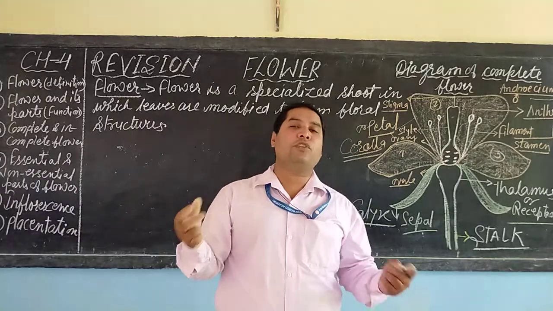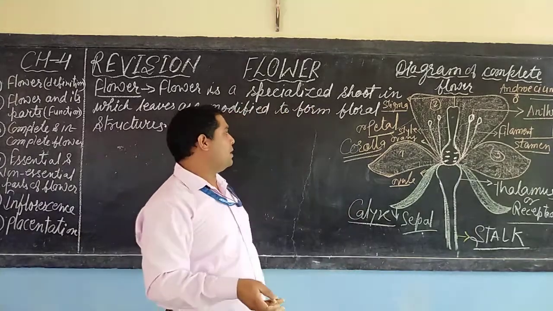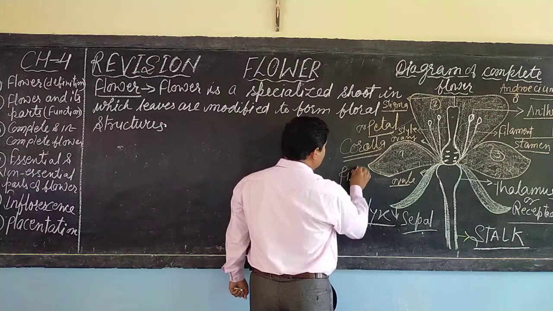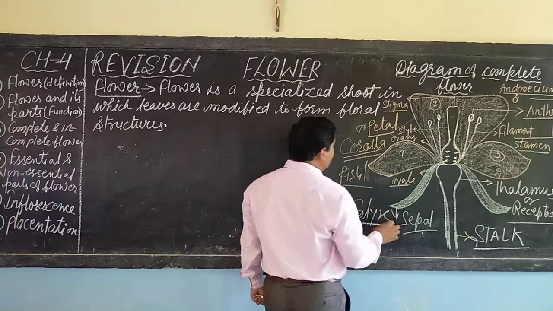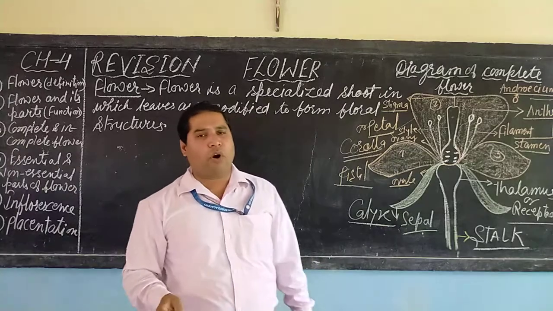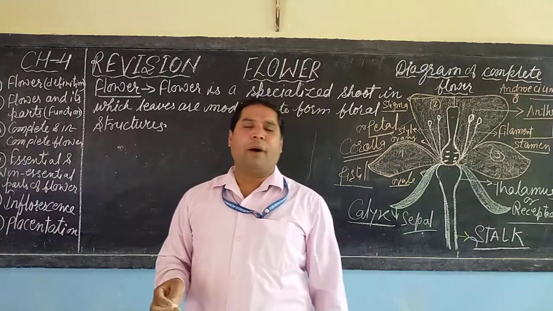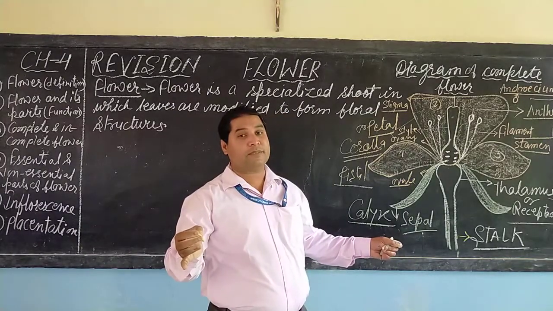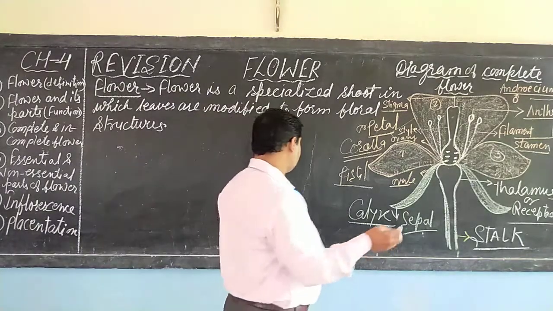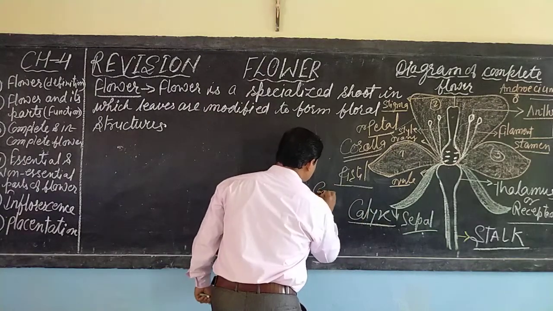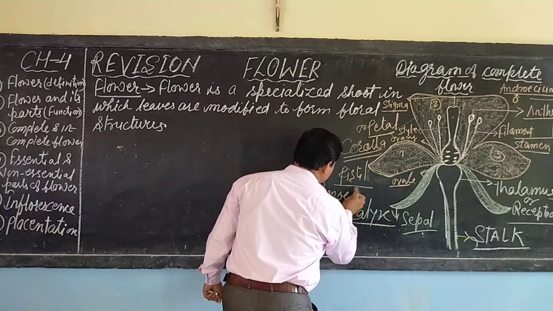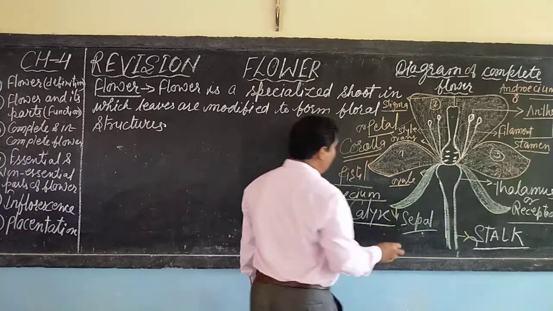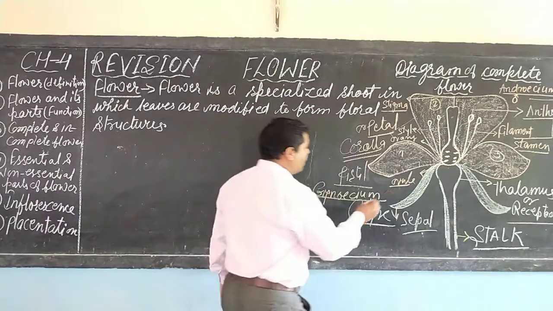Pistil is also a female part, so a separate name is given. This part of the flower is known as gynoecium. Dear student, it is known as gynoecium, and it is denoted by a particular symbol.